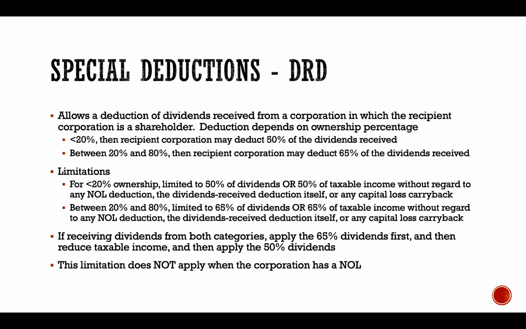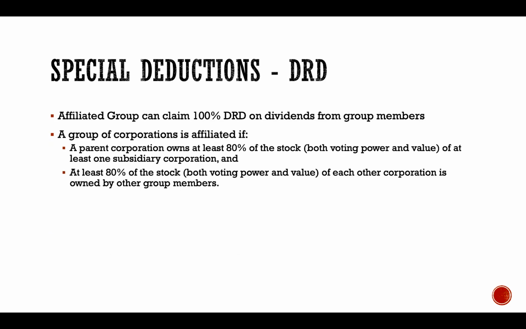This limitation will not apply if it creates a net operating loss, if the corporation has a net operating loss. If you have affiliated groups, you can claim 100% dividends received deduction, and we will cover affiliated groups in detail in Chapter 8.